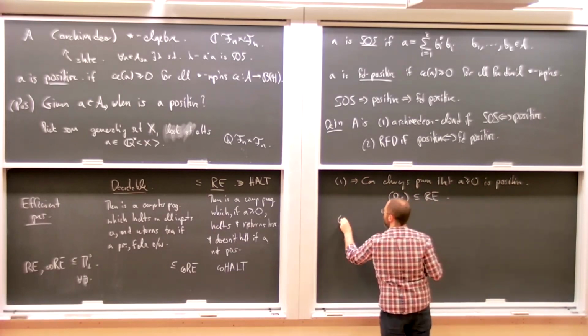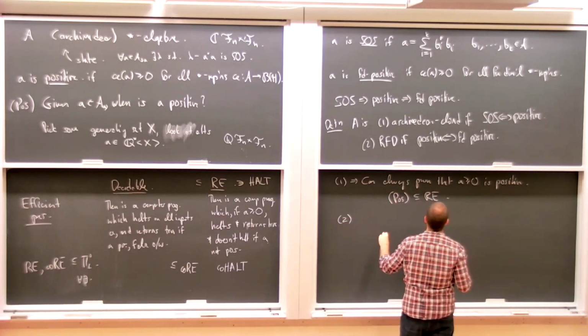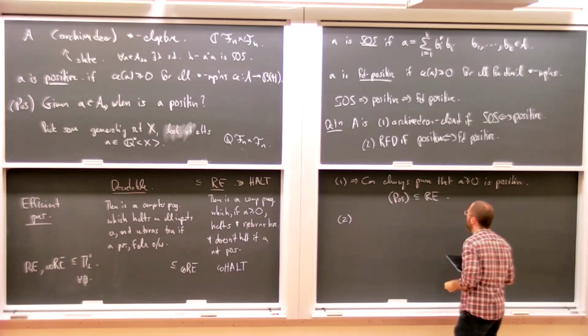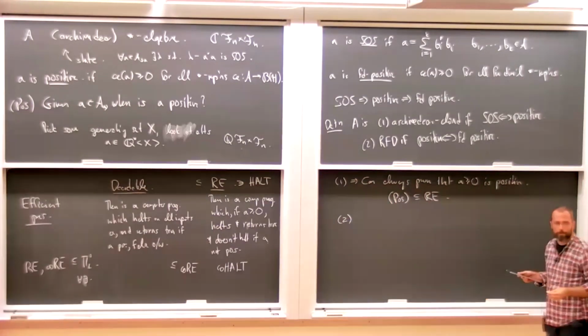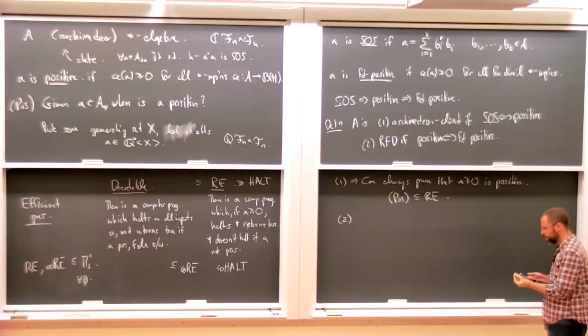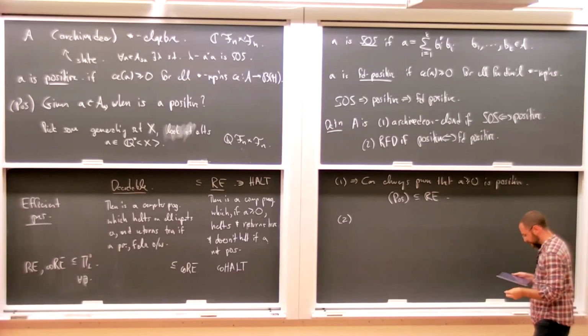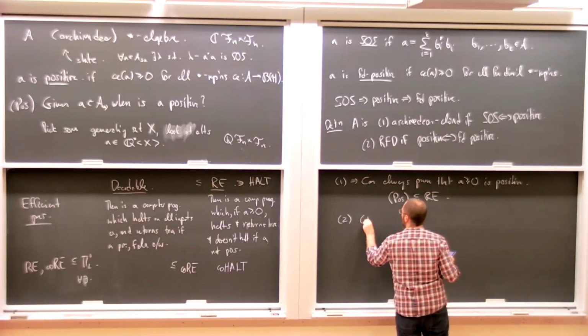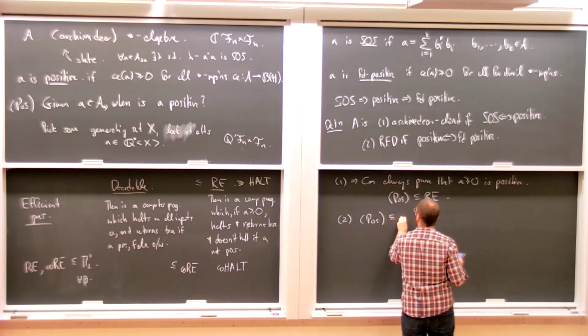And condition 2 is saying that we can always prove that something's not positive by finding a specific finite dimensional representation. And so that's saying that our problem is contained in co-RE.